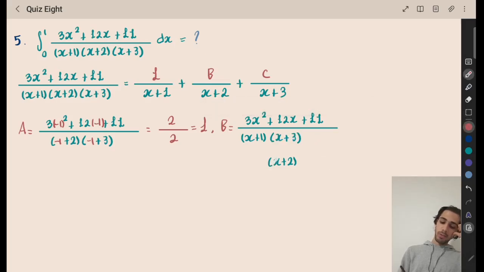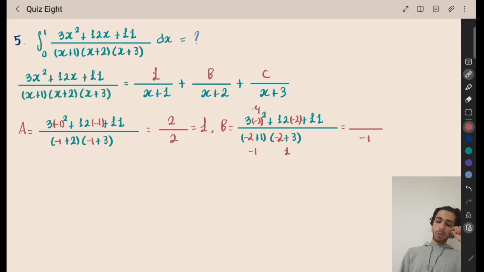You find the problematic value. It's minus 2. You plug it in here. And then you compute. So you would get minus 2 plus 3 is 1, minus 2 plus 1 is minus 1. So you would get minus 1 in the denominator.